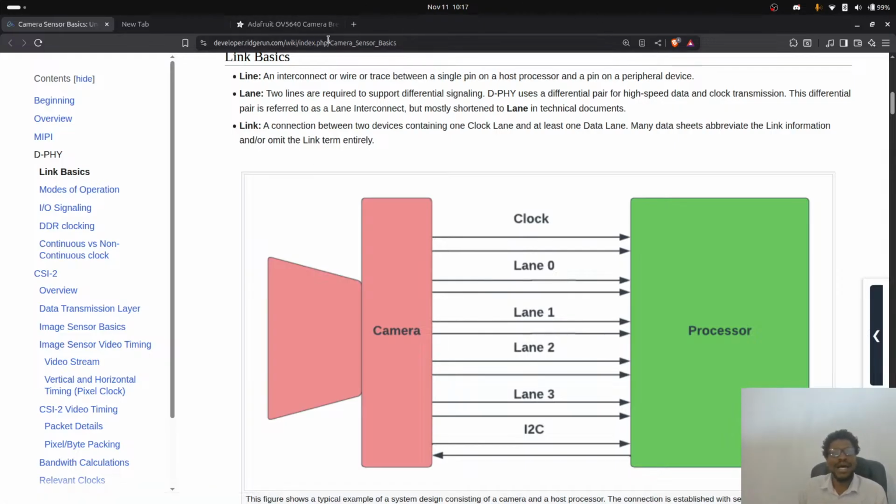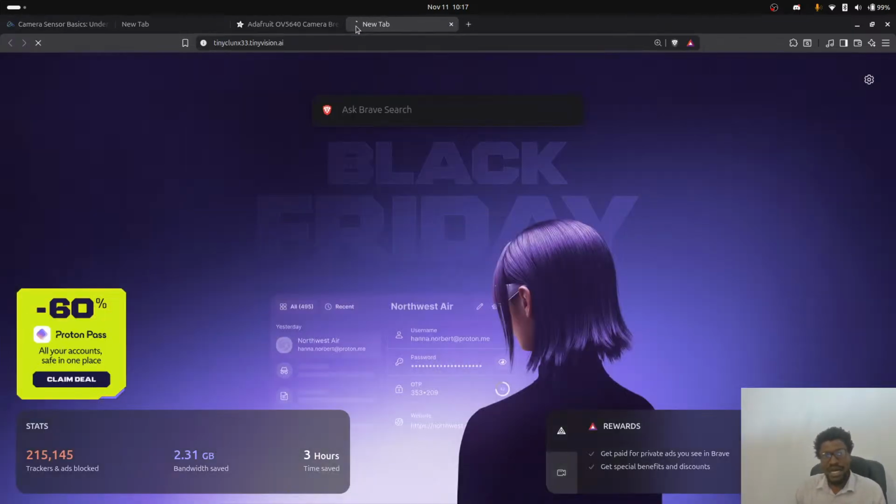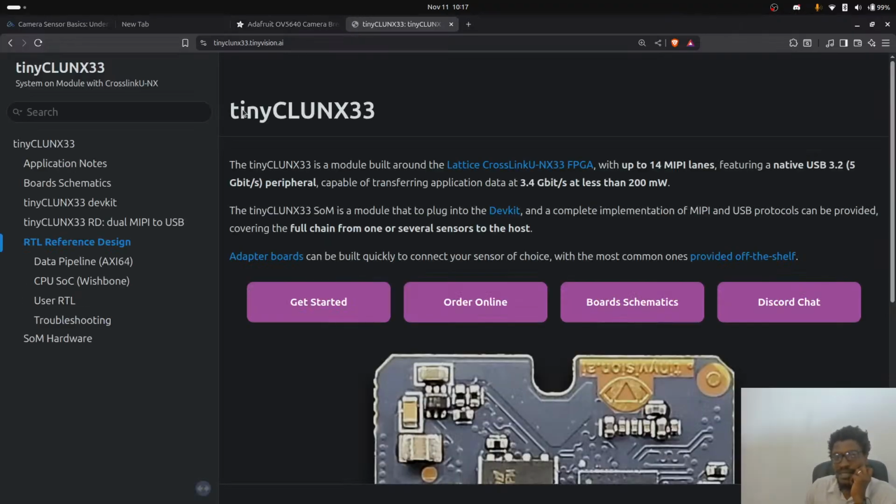Interestingly, I can take you to the Tiny Clue NX. This is one of the devices that I've just shown you, but we're not looking at it. What I want to tell you is, in the beginning of the description of this device, it says the TinyClue NX is a module built around the Lattice CrossLink-NX33 FPGA with up to 14 MIPI lanes.